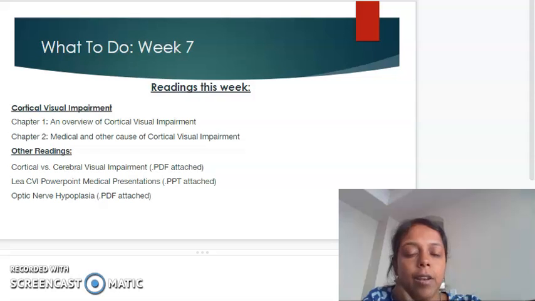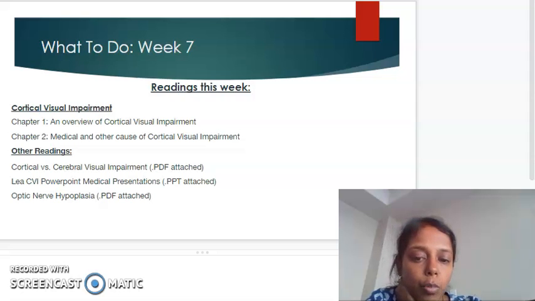And then we will be having other readings where we have attached the PDF or the presentation. So the big topic is CVI. We have something called cortical versus cerebral visual impairment. The PDF is attached, and then we have some medical presentations on CVI, and we also have optic nerve hypoplasia, a PDF which is attached, a small reading.